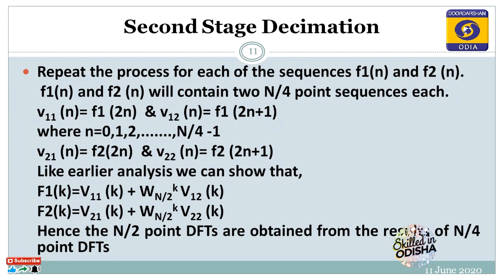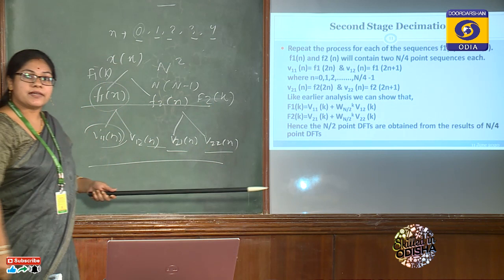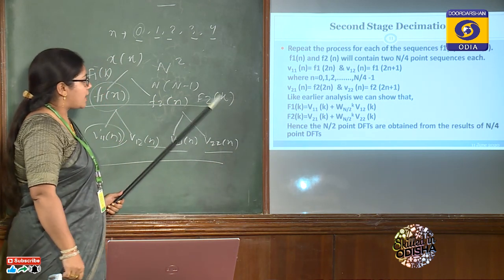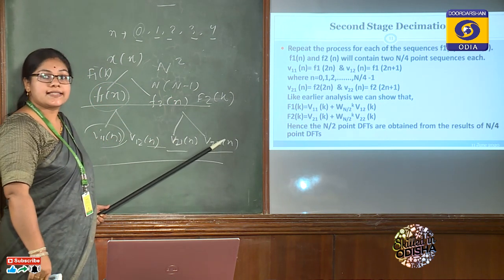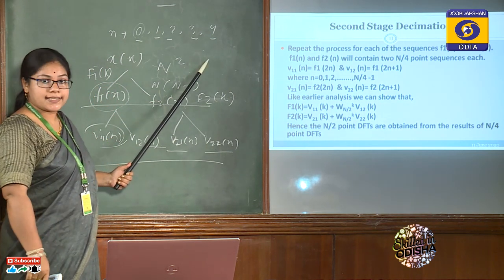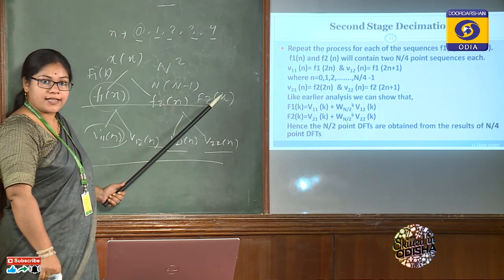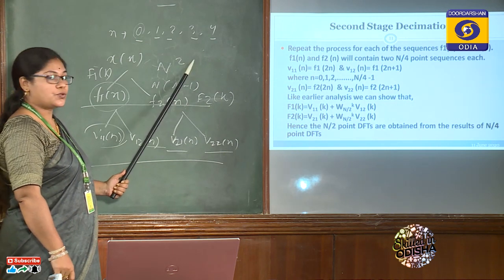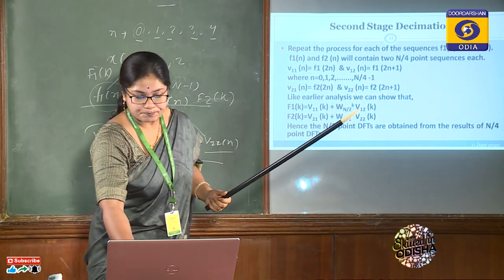This is my first stage decimation, and this is my second stage decimation. In the first stage I get an N by 2 point DFT, and in the second stage I get an N by 4 point DFT. So from bottom to top, N by 4 point DFTs go to N by 2 point DFTs, and N by 2 point DFTs go to the N point DFT. This is the way we divide.